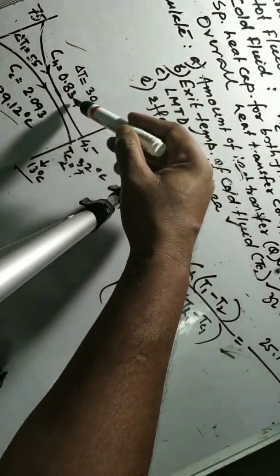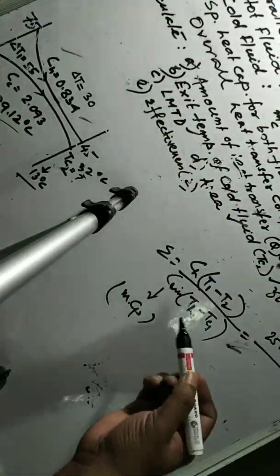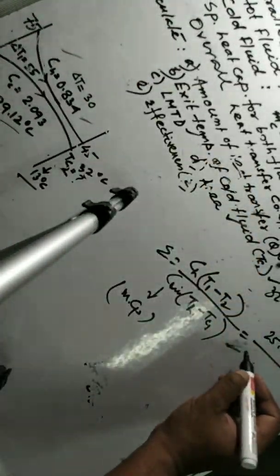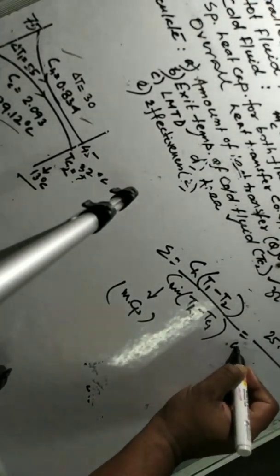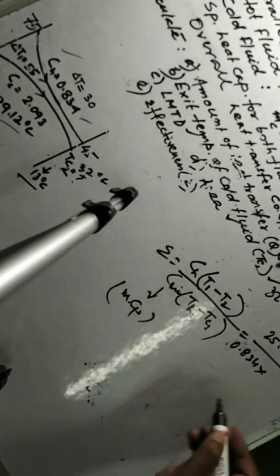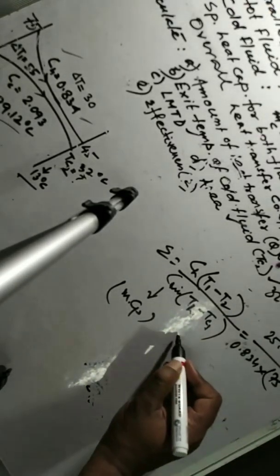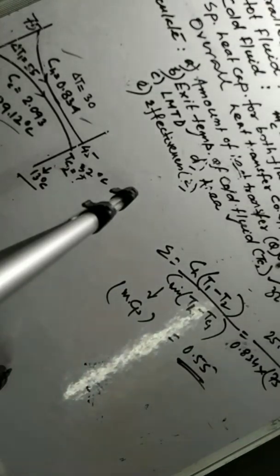For hot fluid it is 0.837 and cold fluid it is 2.093. So minimum is hot fluid, that is 0.834 into 75 minus 20. So if you calculate this, it will be around 55. So effectiveness will be somewhere 55. So this way you can calculate all.